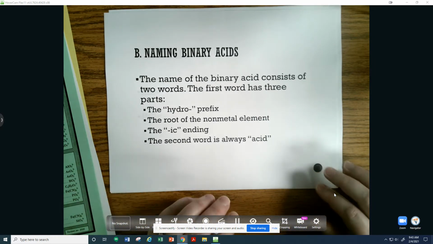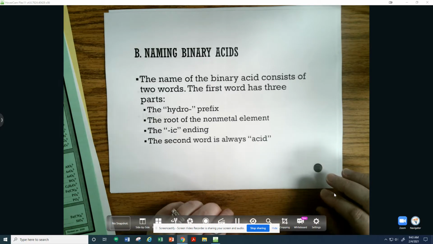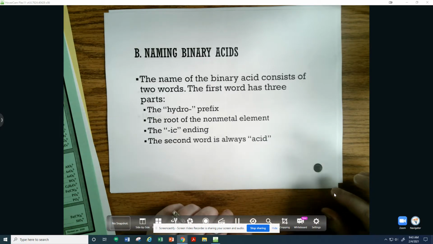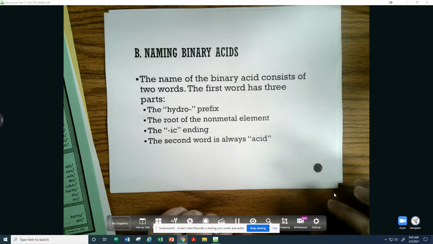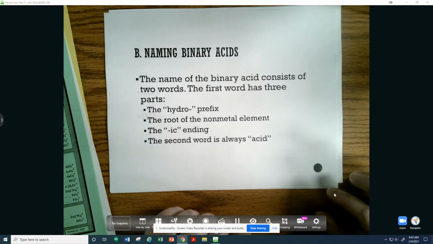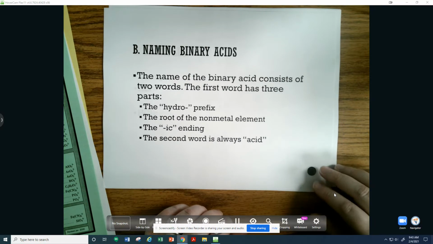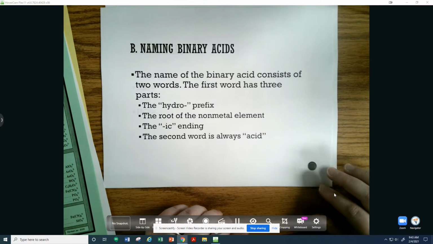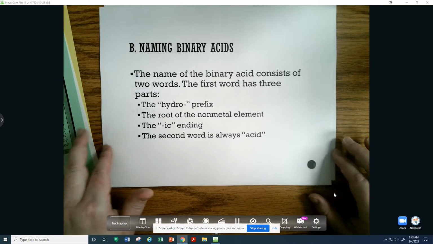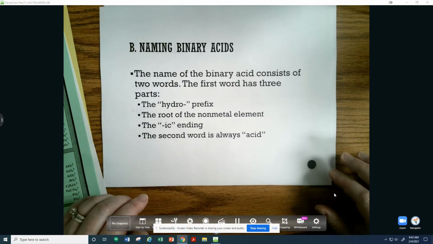Out of all of them, I think acids are one of the more difficult parts to name because there are some weird exceptions to the rules, but it's really never explained why there are exceptions. And then we have our different types, so there's a little bit more going on with acids than what we've seen with our previous naming parts.